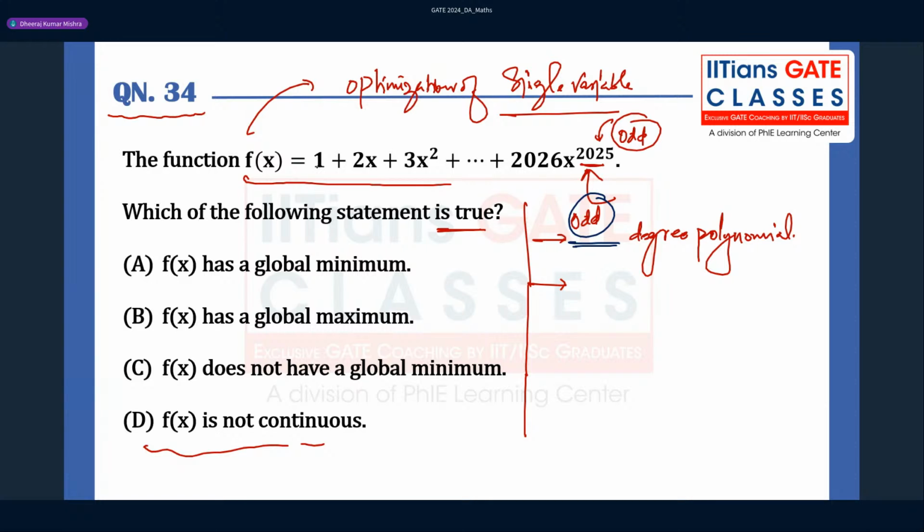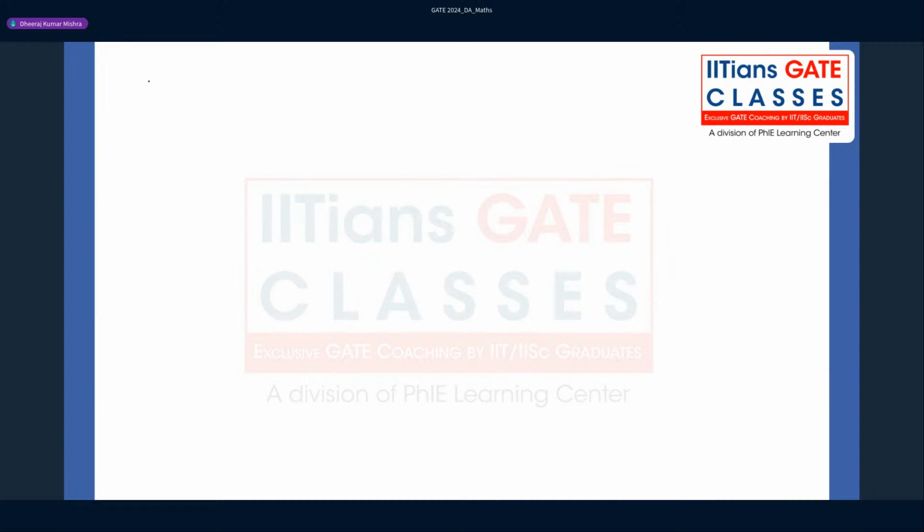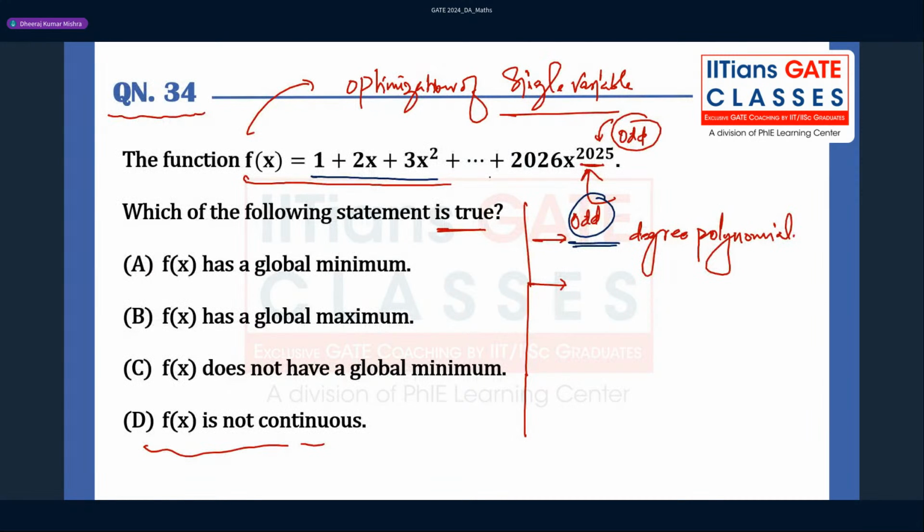So what we can do here is consider f of x, a new f of x, 1 plus 2x plus 3x square plus 4x cube. You can forget about higher order terms.